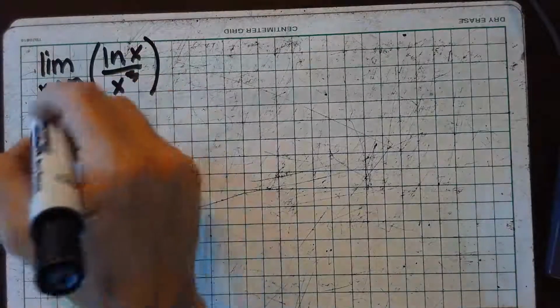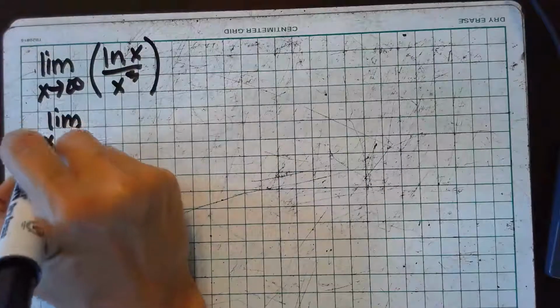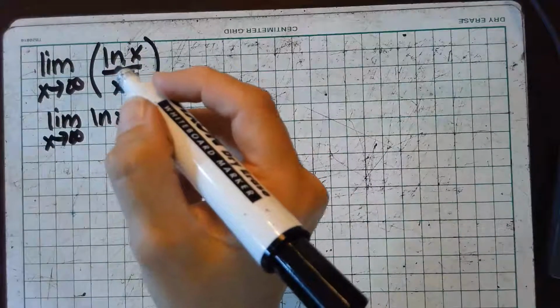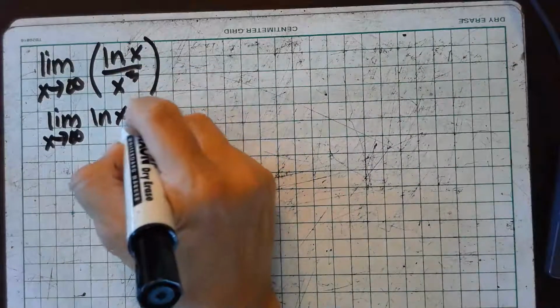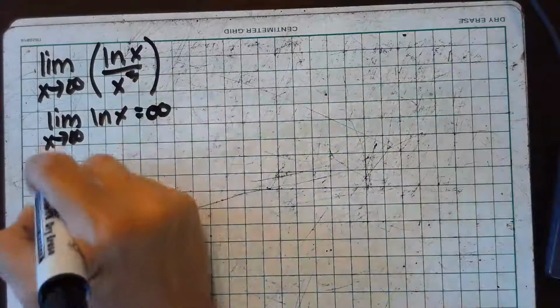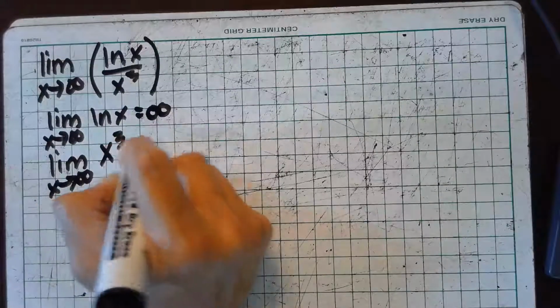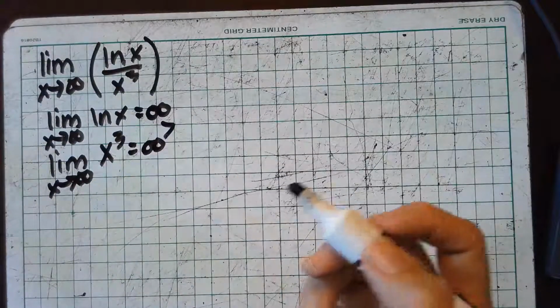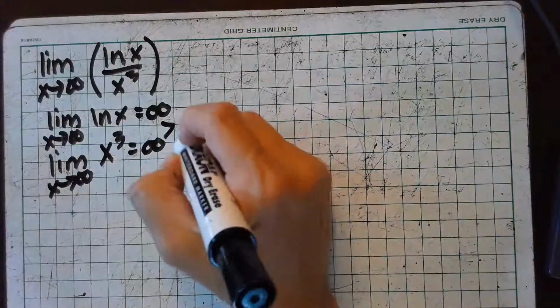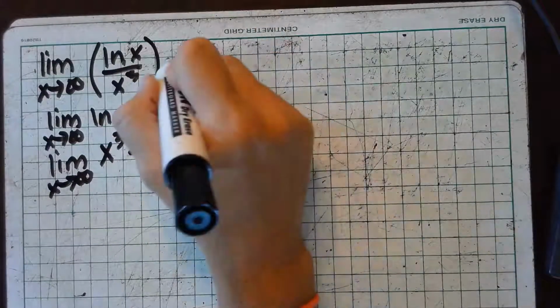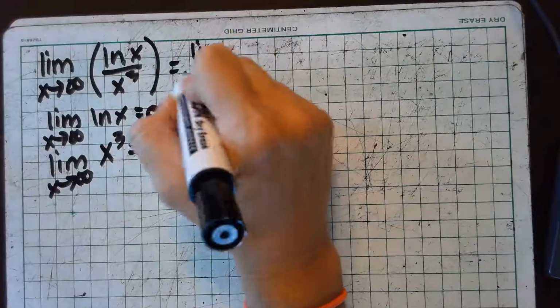So let's look at this. The limit as x approaches infinity of ln of x over x cubed. If we go to a graph on that, you'll realize ln of x goes off to infinity. And the same thing for x cubed, it also goes off to infinity. So that's that indeterminate form, infinity over infinity. So I can use L'Hopital's. I'm going to take the derivative of the numerator.